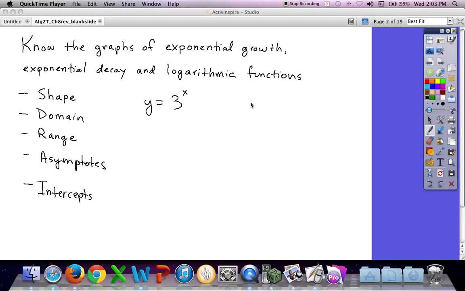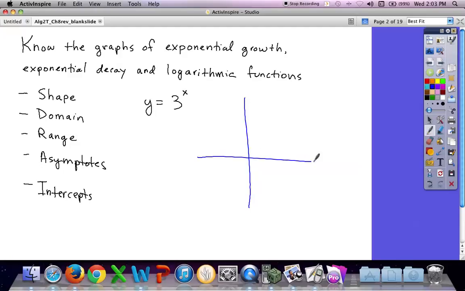By shape, I mean, what is the shape of the graph? It looks something like this. Right? It's growing, it's increasing from left to right.